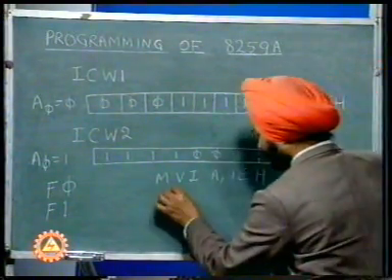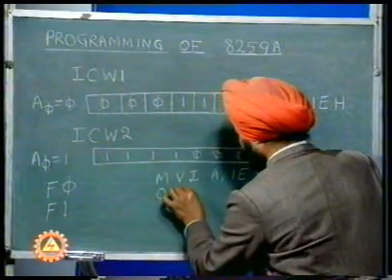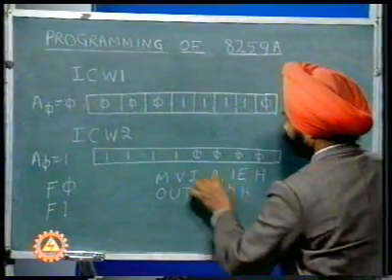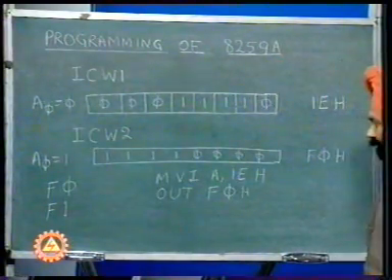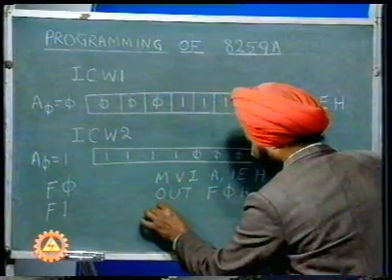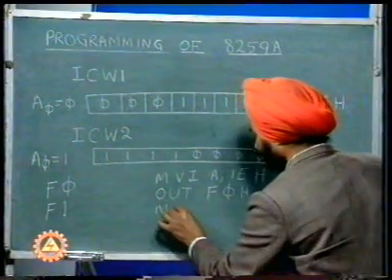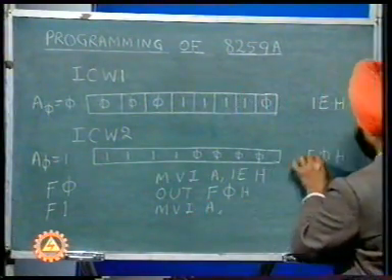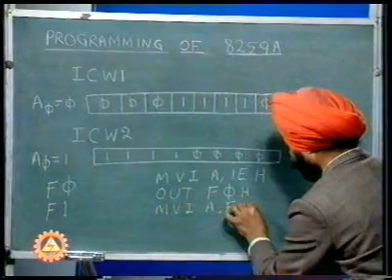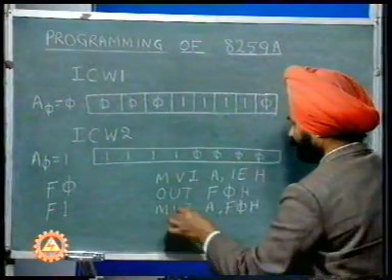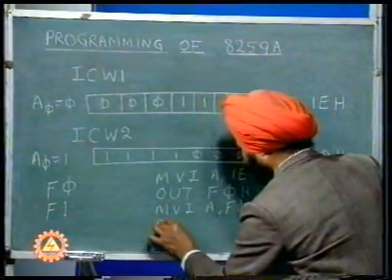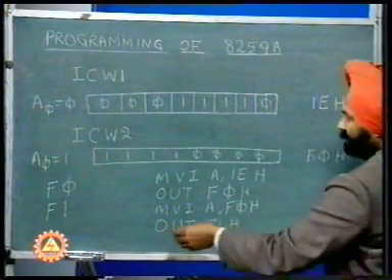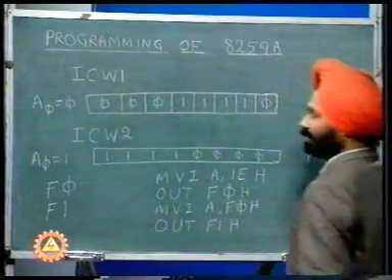Now, this is sent to the controller through the port F0, because here A0 has to be 0. Again, the second byte, that is ICW2, is brought into the accumulator, that is MVI A, F0H, and is sent to the controller at port OUT F1H, because for this A0 has to be equal to 1.